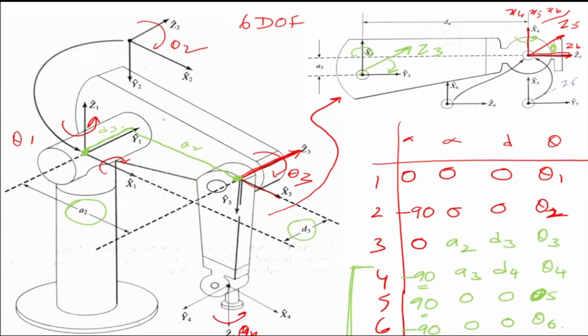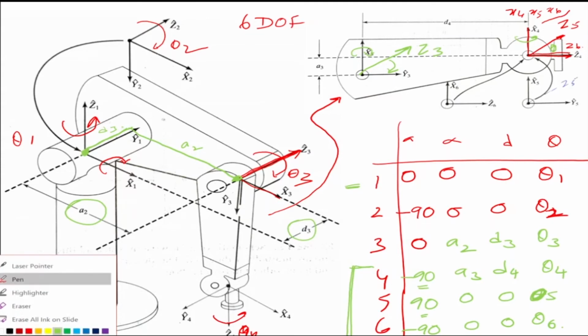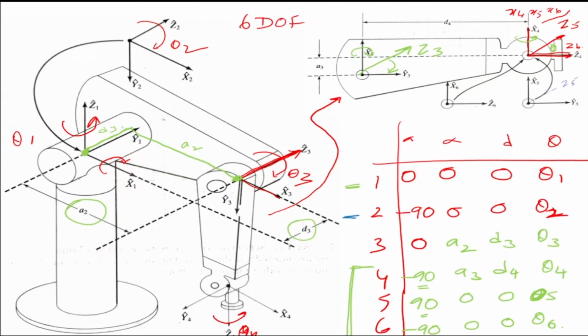So what we do is we write the transformation matrices from one frame to the other, and then we multiply all of them to get our final transformation matrix between the 6th frame and the 0 frame. What we do next is we take the generalized matrix, and we take each row one at a time and put it in the generalized matrix, and we get the transformation matrices for each frame to frame transformation.